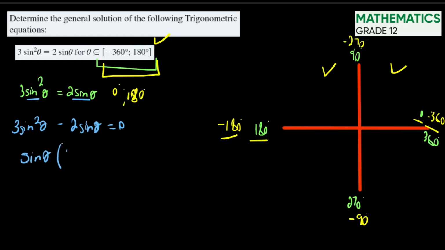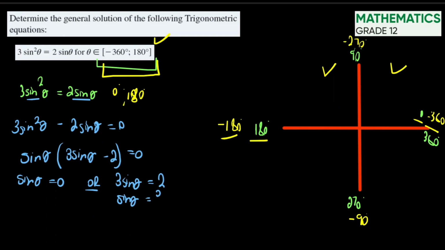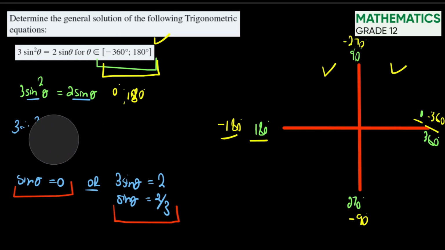If we remove sine theta, we will be left with 3 sine theta minus 2, which is equal to 0. Where our first solution will be sine theta is equal to 0, or 3 sine theta is equal to 2, where the sine of theta is equal to 2 over 3. So these are our critical trig ratios, and we'll be working with them to find the values that we need to answer this question.